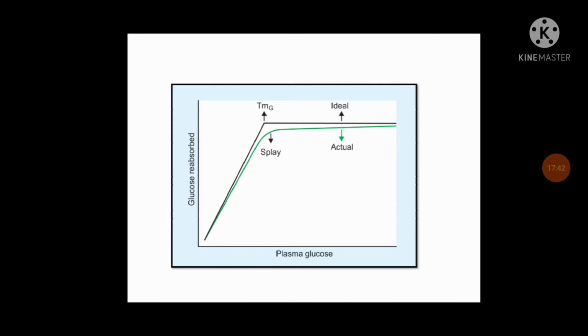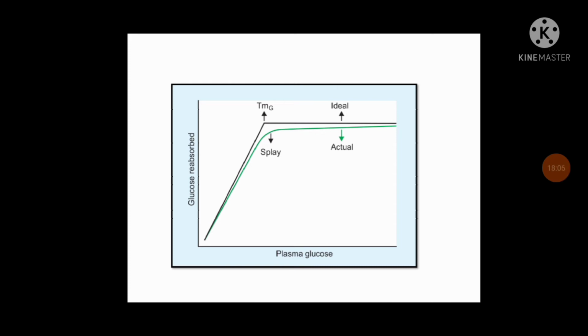Actually, urine glucose starts appearing quite early, before it reaches the tubular maximum for glucose. That is because all the kidney tubules cannot be active at the same time, and there can be some functional variation between the tubules.